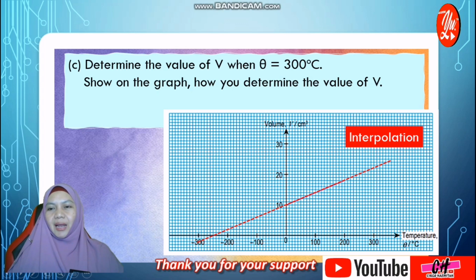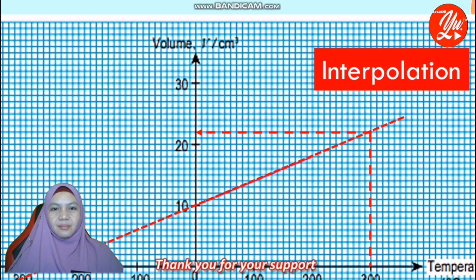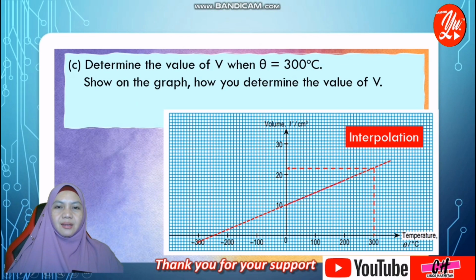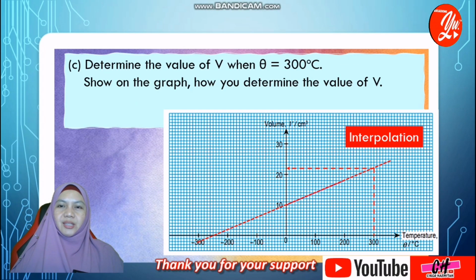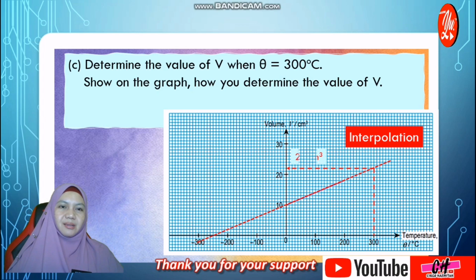To find the value, we do interpolation. We interpolate from the temperature 300, and from there we get the volume, which is 22 cubic centimeter.